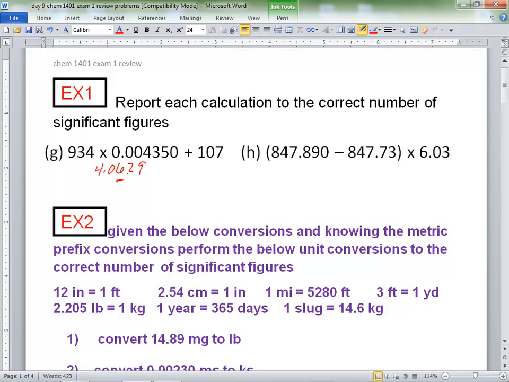Okay. Then you have to add on, Alejandro, 107. Adding and subtracting had a different rule. You report your answer how? When you're adding or subtracting.